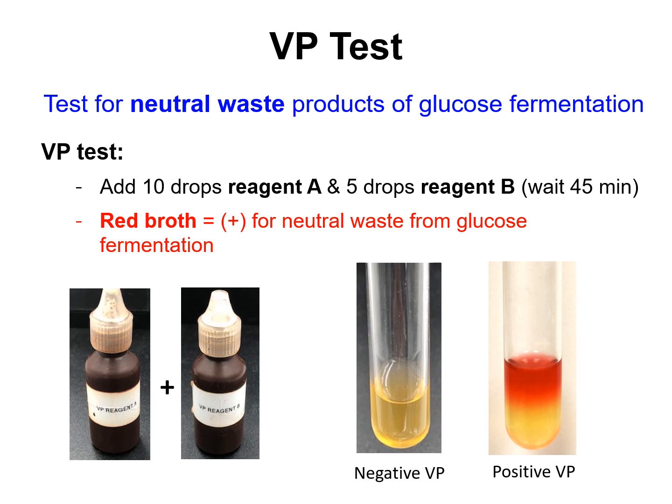As I said, you only get one positive. Either it's positive for methyl red or it's positive for Voges-Proskauer. You will never have a positive test for both. But yes, you can have a negative test for the methyl red and at the same time a negative test for the Voges-Proskauer.